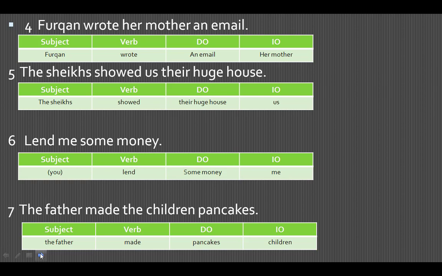Okay, in the seventh sentence: the father made the children pancakes. In this sentence, the father is the subject, made is the verb, pancakes is the direct object, and children is the indirect object.